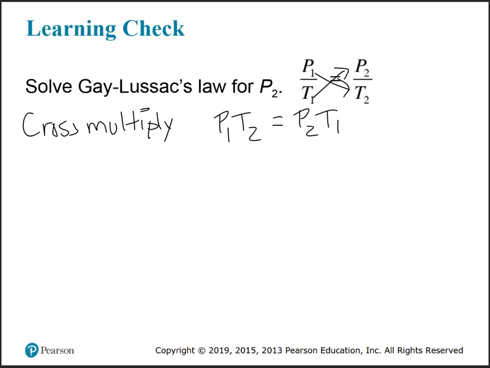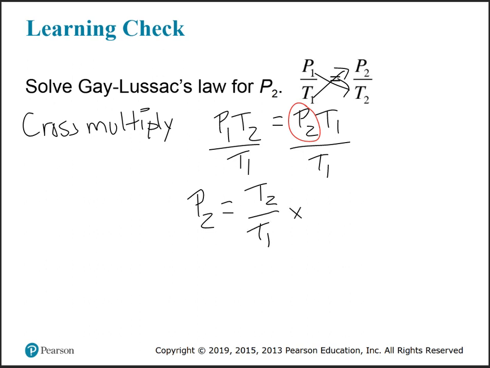Then identify which variable you're trying to isolate. In this case, we're doing P2. That means you're going to divide by T1. And when you rewrite this equation, you get P2 is equal to T2 over T1 times P1. So it's very similar math to Charles's law.